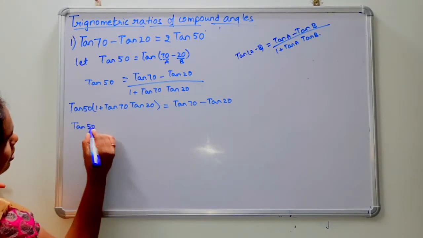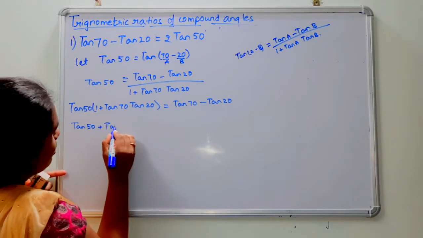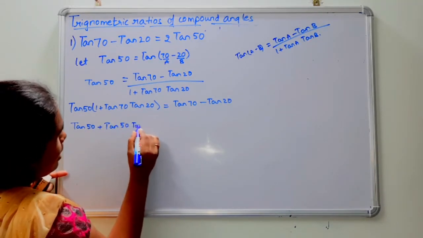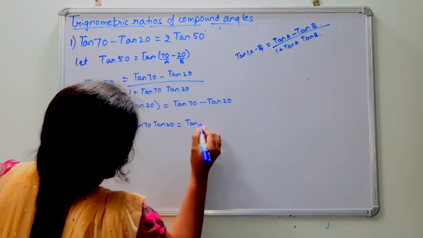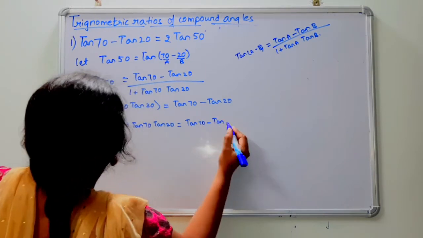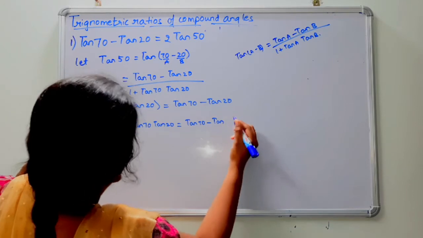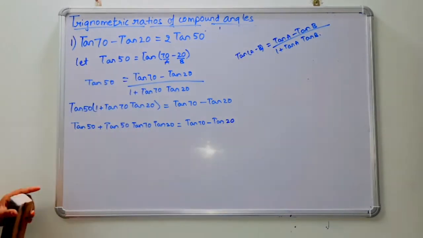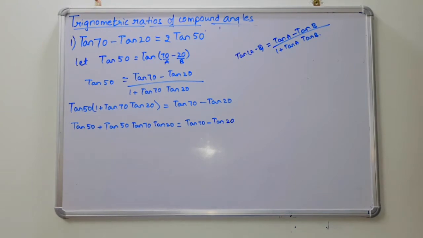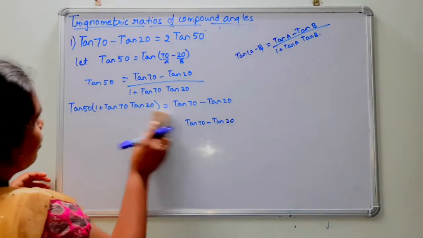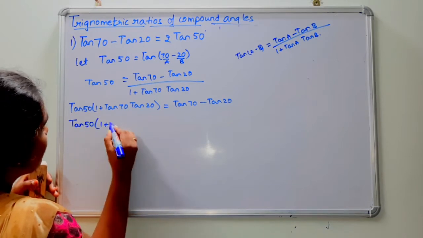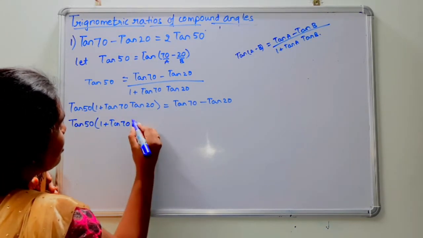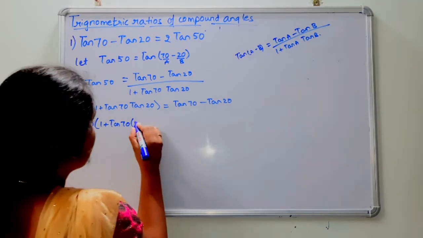Next, multiply it out: tan 50 plus tan 50 tan 70 into tan 20 is equal to tan 70 minus tan 20. Now, in this step, we have tan 50 into (1 plus tan 70 times tan 20).